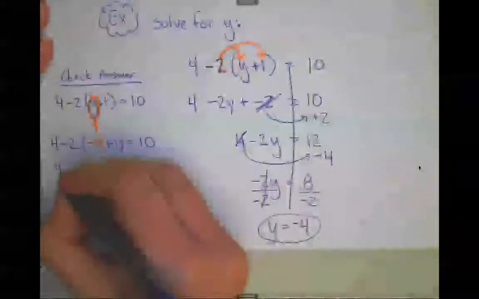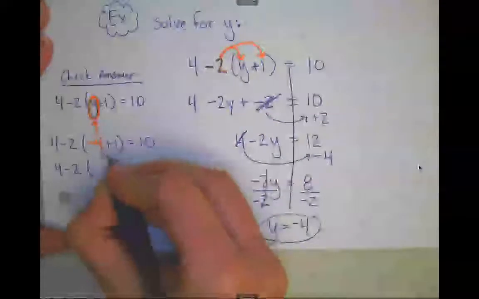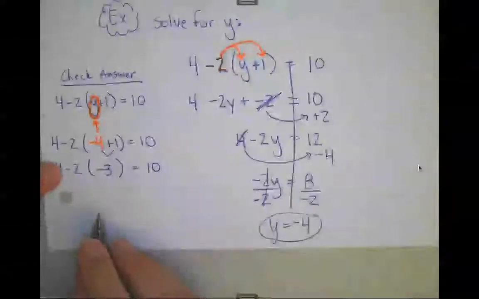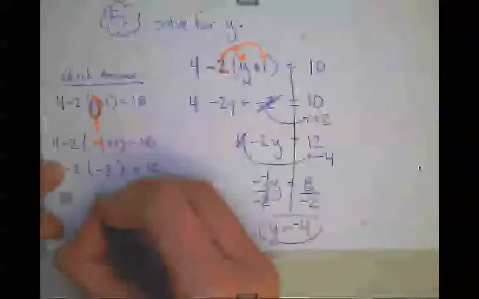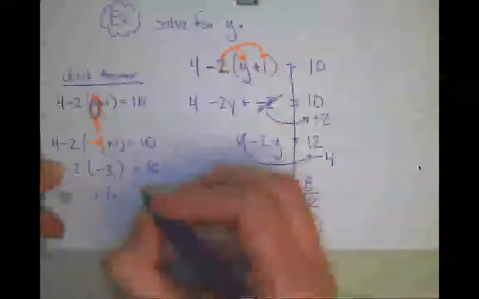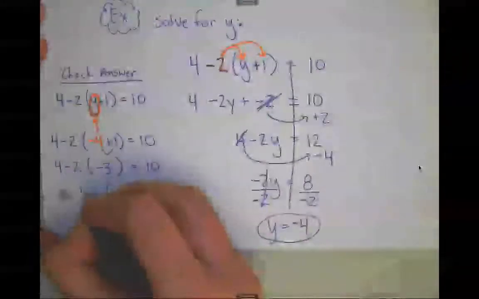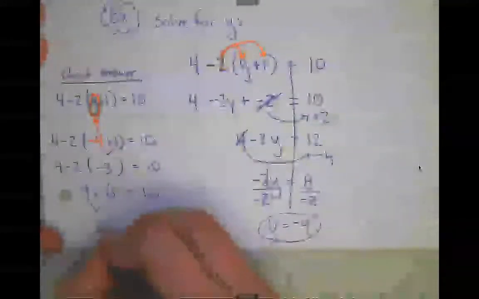So 4 subtract 2 parentheses, negative 4 plus 1 is negative 3 equals 10. And if I ignore the 4 here for a second, negative 2 times a negative 3 is a positive 6. So I have, copy the 4, 4 plus 6 equals 10. And 4 plus 6, yep, that's 10.